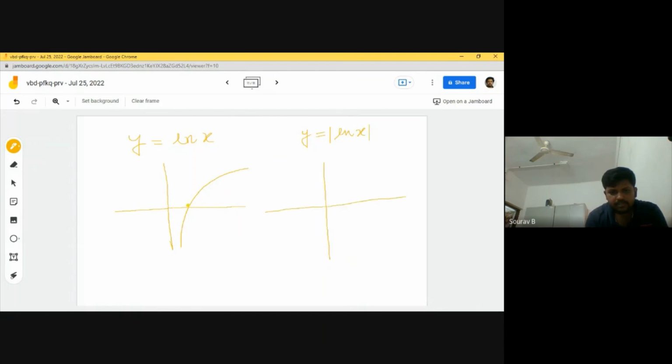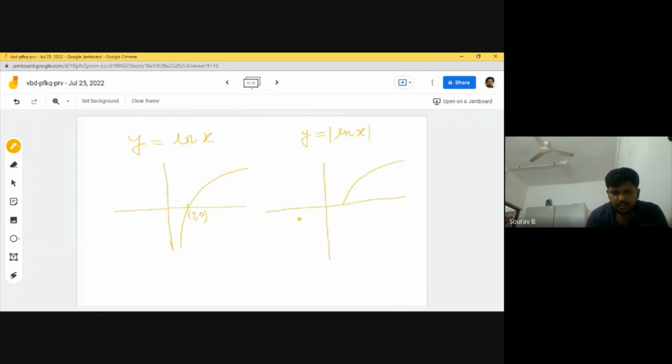First, you will keep the positive part, where y is greater than or equal to 0, as it was. This point is basically 1. So from 1 onward, you will keep it as it was.